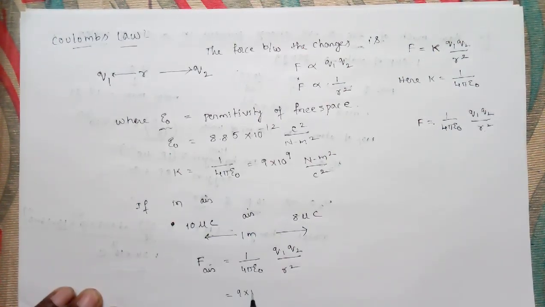That is 9 into 10 power 9 into q1 q2, meaning 80 into 10 raised to minus 12, by 1 square. So if it is air, you can write like this.